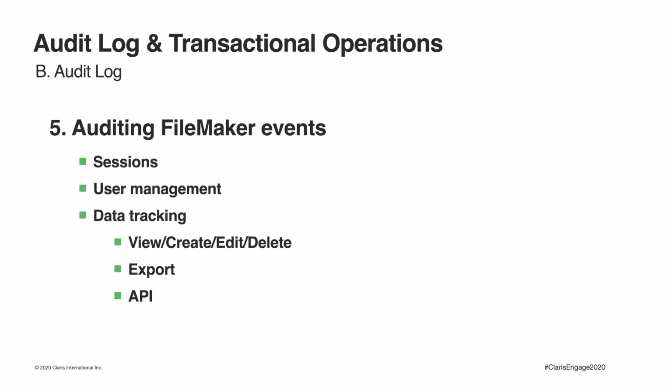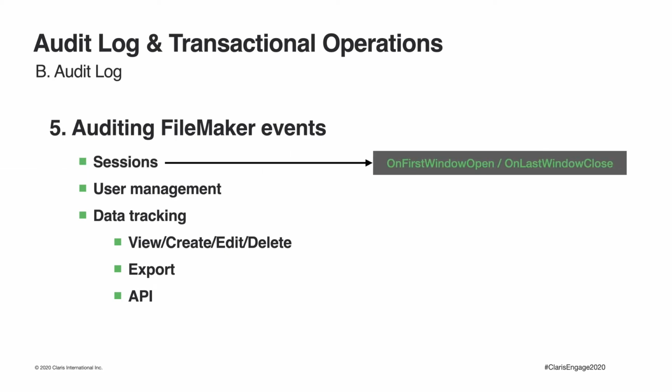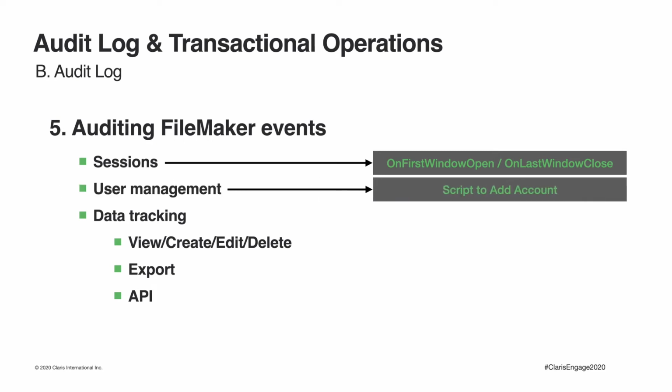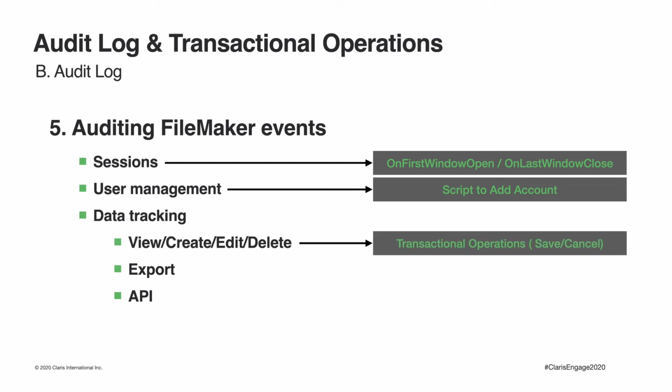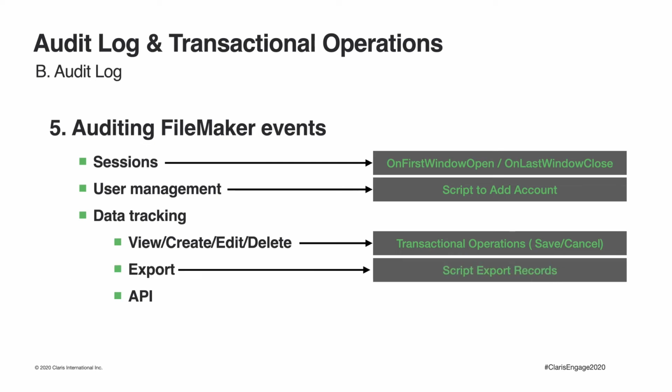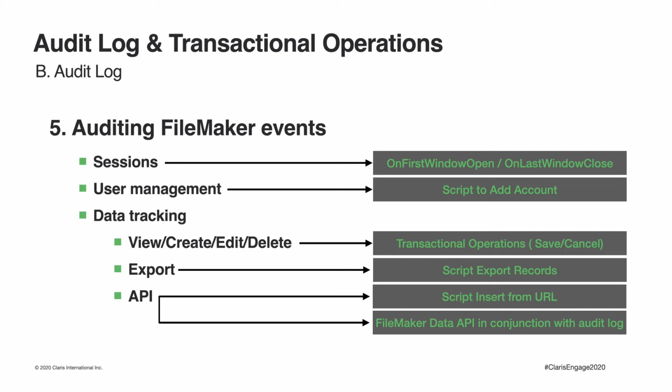Those events can be handled using script steps or script triggers such as on first window open and on last window close for sessions, a globalized script to add an account using the script step add account, transactional operations, which is the first part of this session, a globalized script to export records to track the exported data, a globalized script using the insert from URL script step, and last, the FileMaker data API in conjunction with an audit log.